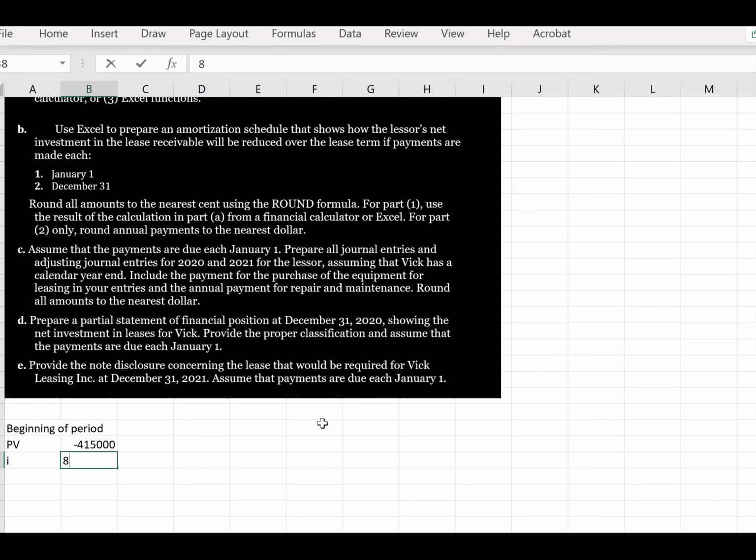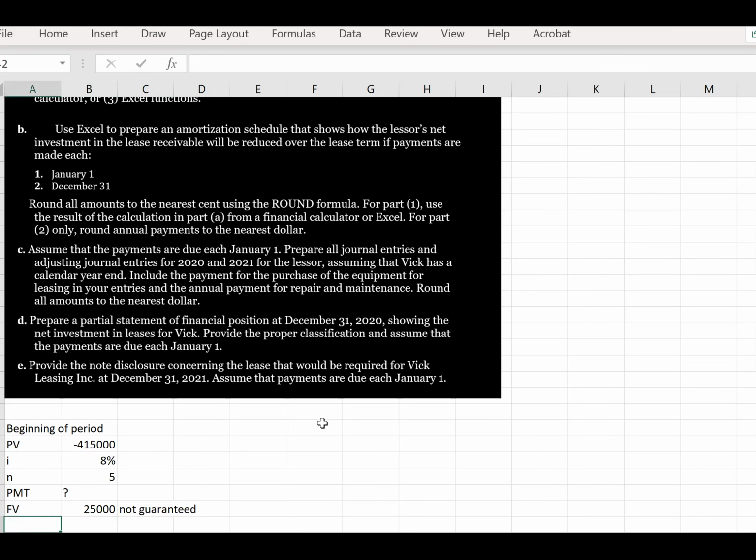The interest rate is 8%. That's the required return that Vic has established. The term of this lease is 5 years. And the payment is what we're calculating. And the future value is going to be the residual value of $25,000. It's not guaranteed, but it's okay.